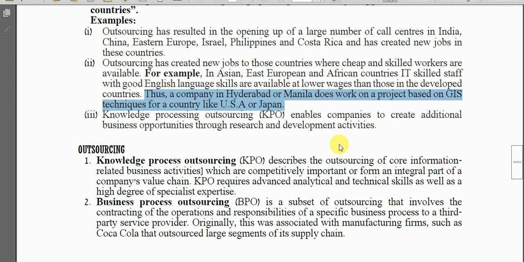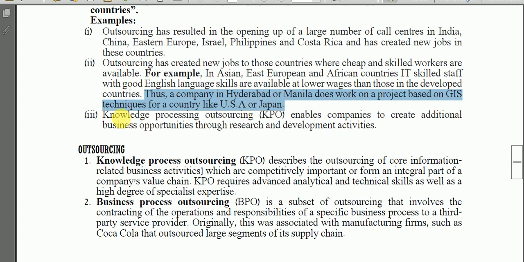And in this way, outsourcing has created so many jobs in Asian, African, and East European countries, because so many projects are outsourced from the Western European countries and the American countries to Asian countries and African countries, because we have so many IT skilled staff at lower wages.